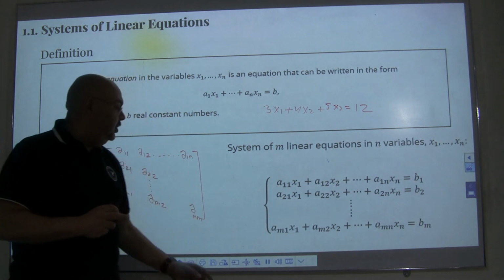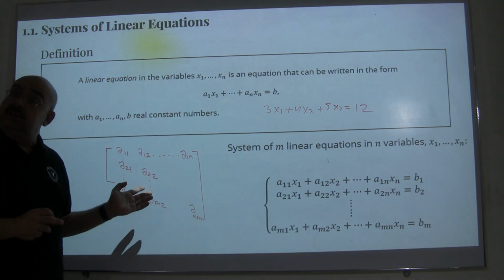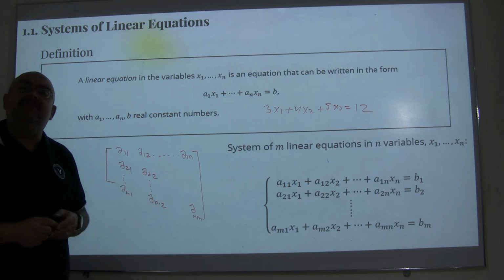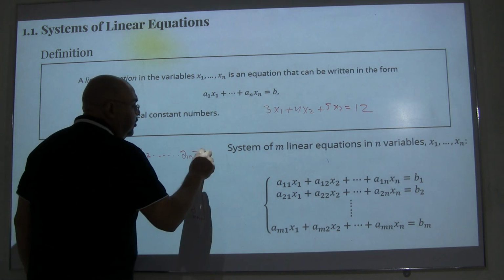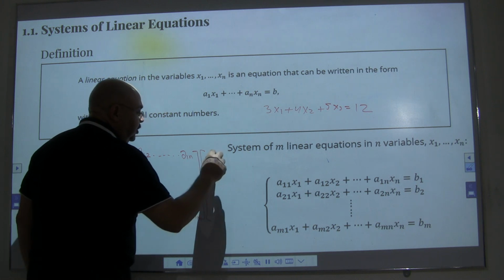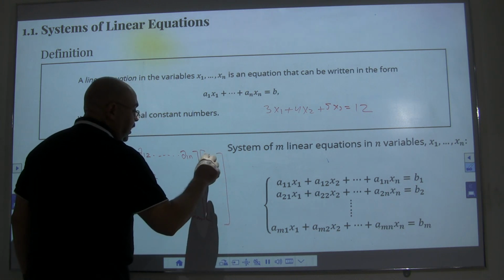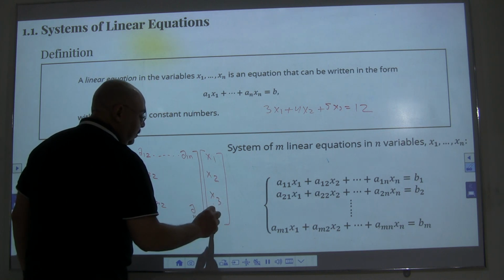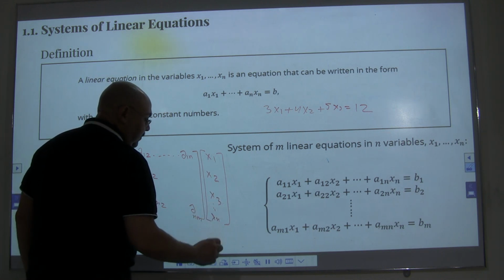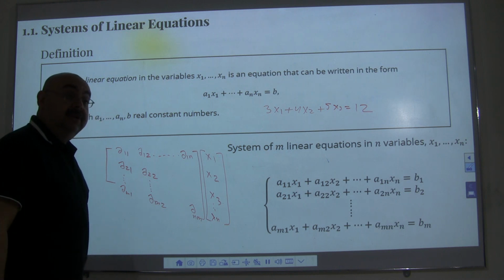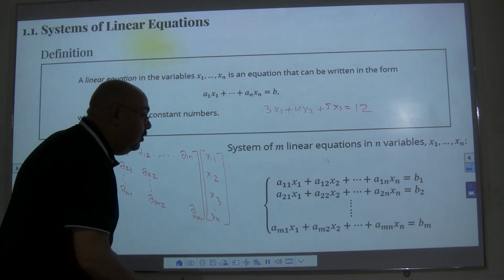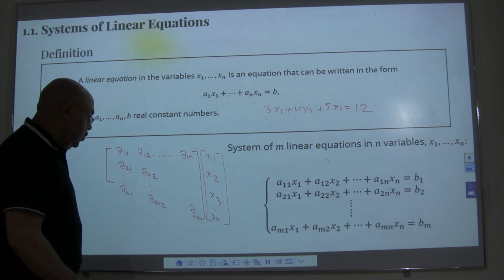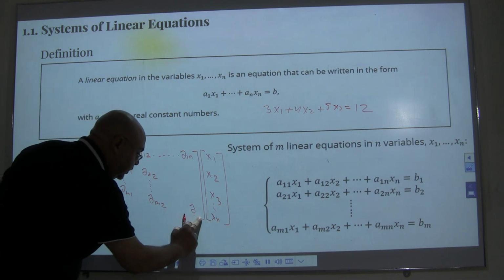But you will tell me these are coefficients, numbers, right? So where are the variables? Can I write the variables in a column matrix? Yes, I can: x1, x2, x3, till you reach xn. So this is the number of unknowns that we are talking about. I'm sorry, this is n.